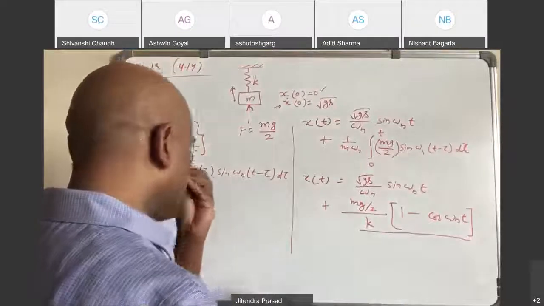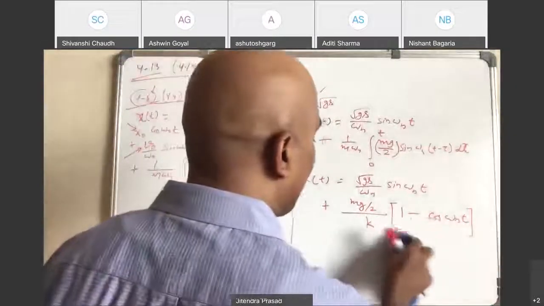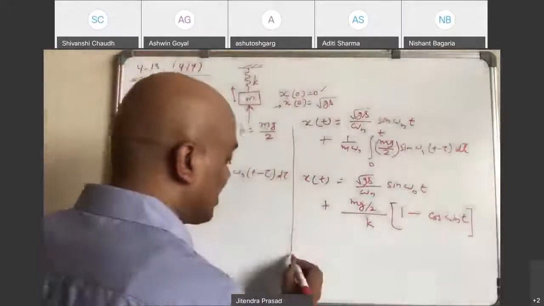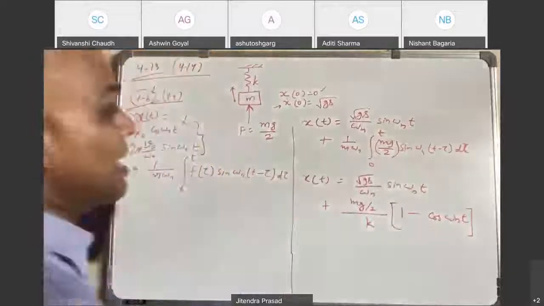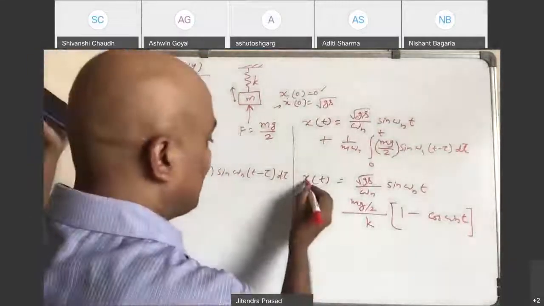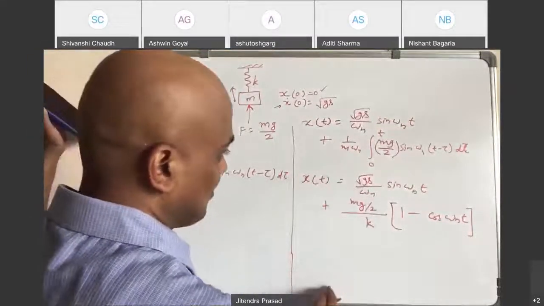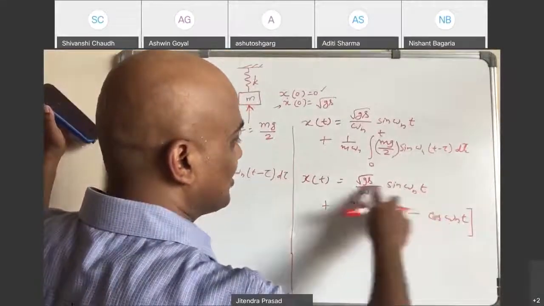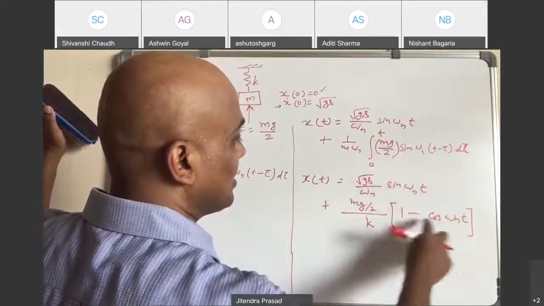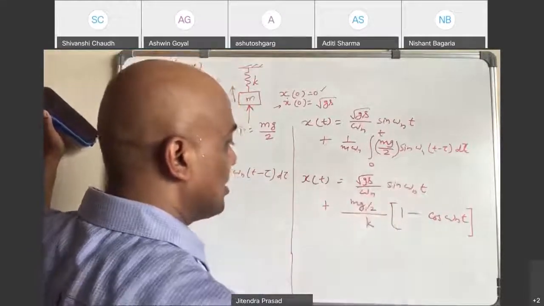Initial condition in this case has to be added because velocity at t equal to 0 is not equal to 0. This is x(t). Now we have to find out the time. At t equal to 0, if you put t as 0 here, this becomes 0, 1 minus 1, everything is 0.